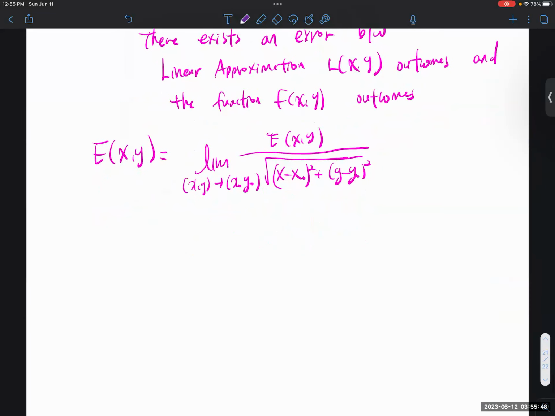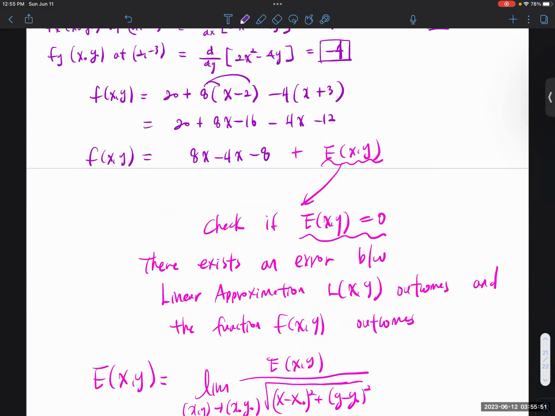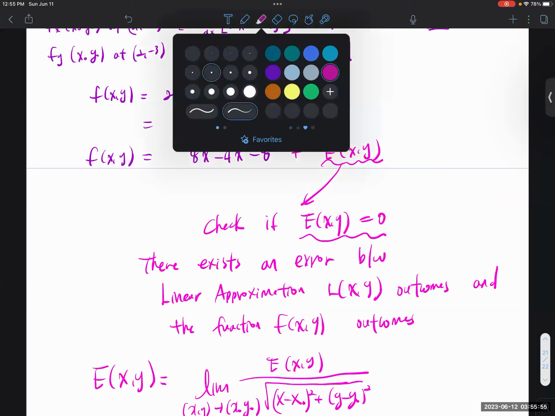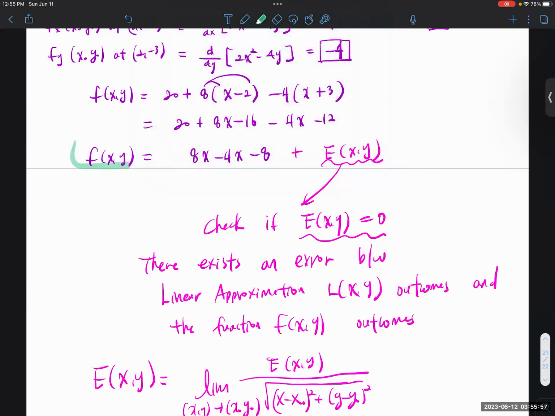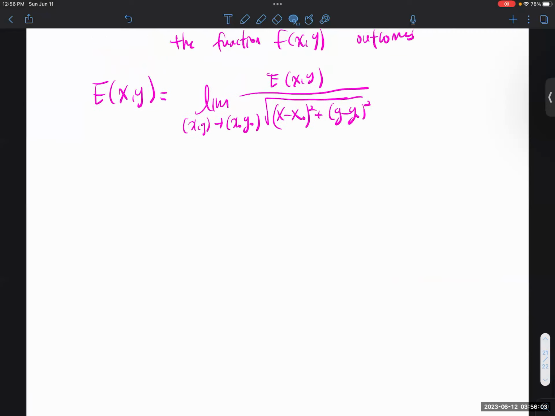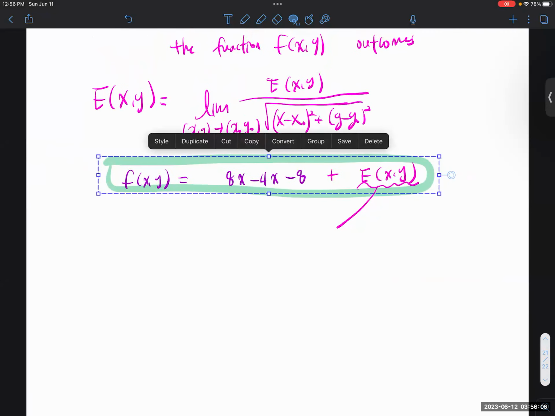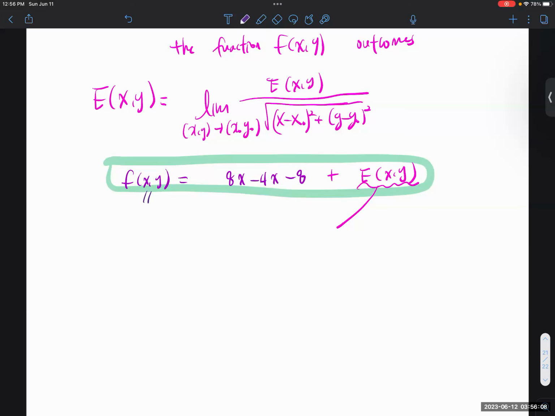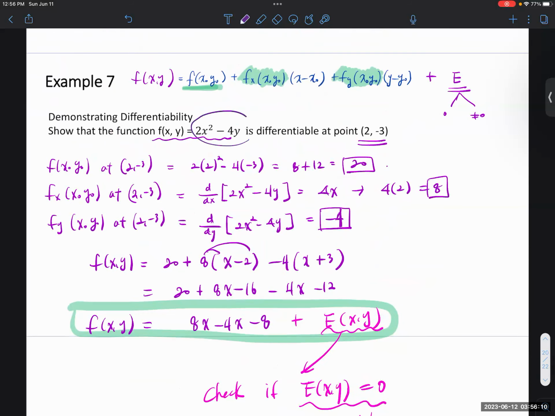So we found out this equation, and we actually stop here. I'm going to copy this and paste it here. So we know what happened. The f of (x, y) is the given function, and I'm going to plug in this one.